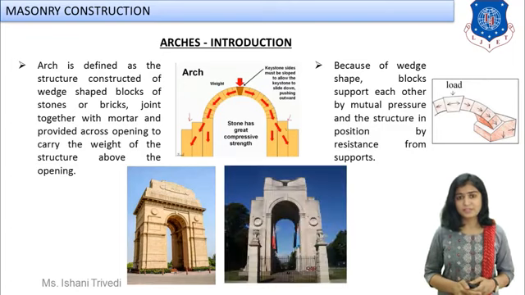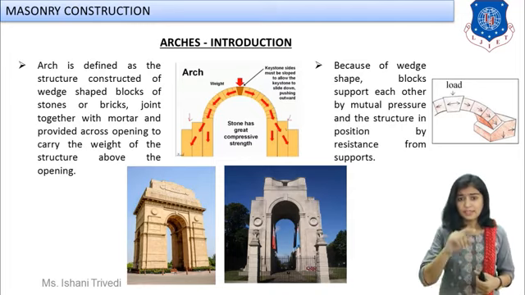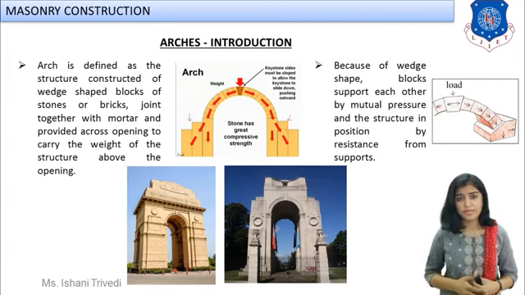What is an arch construction? Okay. Let us have a look over here. Start from the left picture at the top, the first picture which you can see. What is an arch construction? Arc shape means a curved shape is provided.